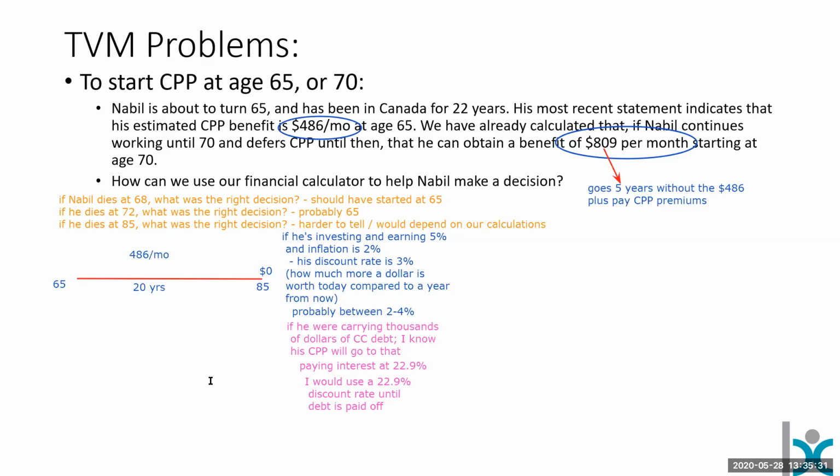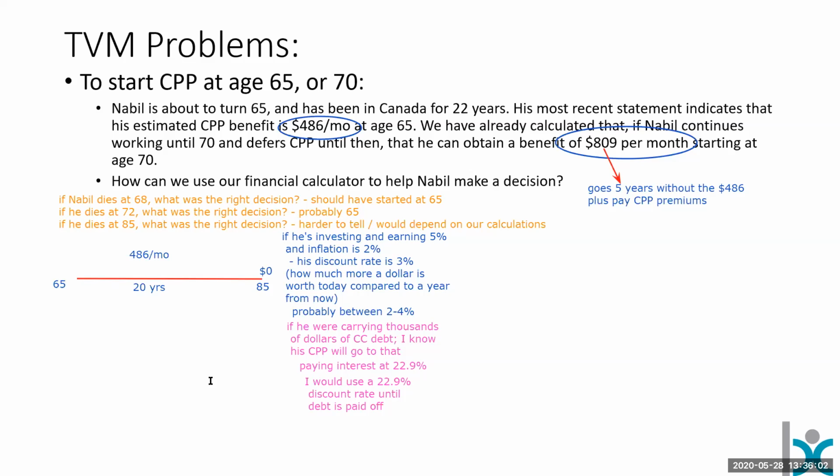If he's got a mortgage and you know he would pay off that mortgage, then I would use the interest rate on the mortgage as his personal discount rate. Okay, that's good. Everybody see why? Yeah, so that's the tougher one, Bonnie, and that's where I would go back to my 2 to 4%. That's probably about what it is.